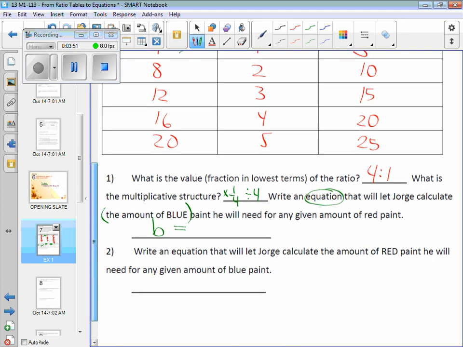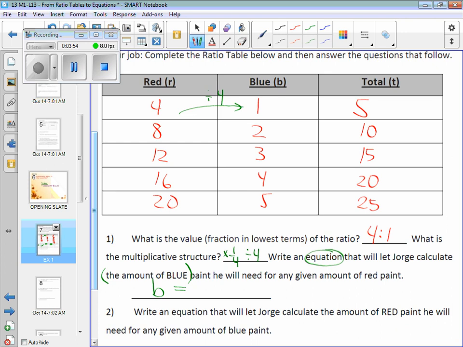So look back at your table if you got to kind of think through. To get this B, what are you doing to the R? And if that is difficult for you, pick a number. To get this 2, what do you have to do to this 8? Kind of think of it in reverse. Multiply by 4? To get this 2, what are you doing to 8? If you multiply by 4, you're getting 32.